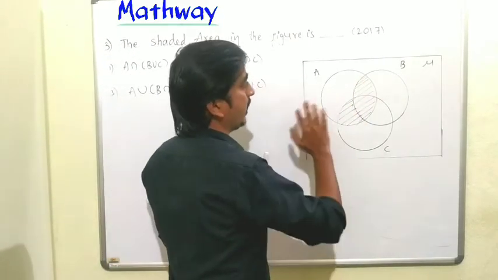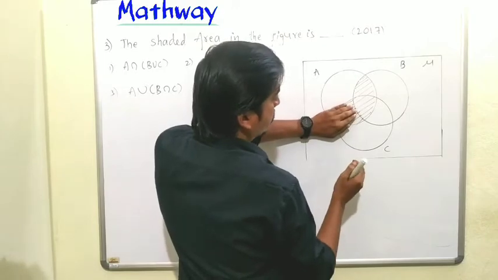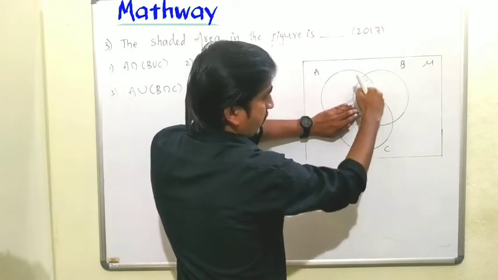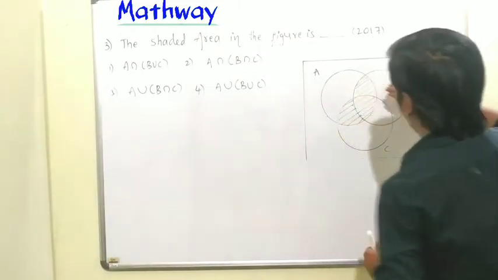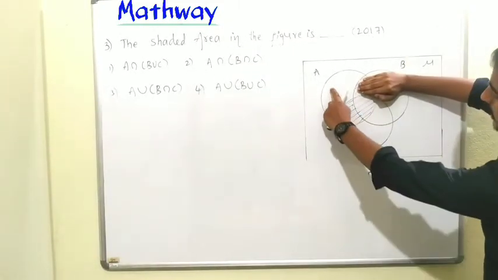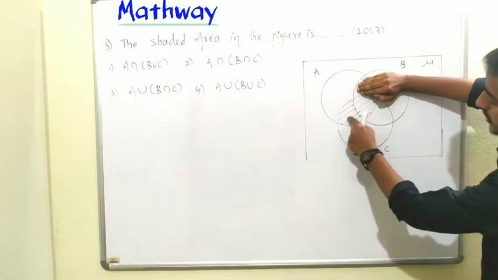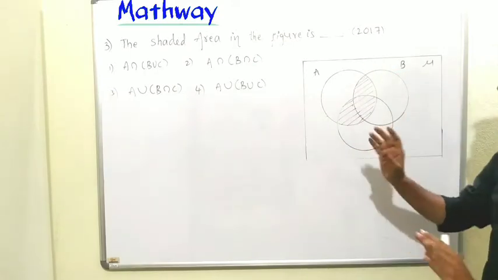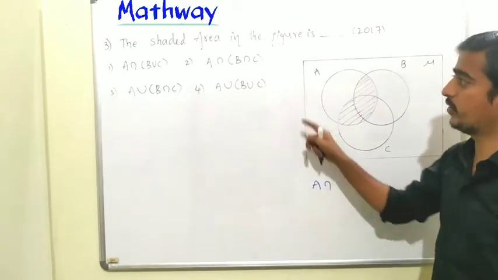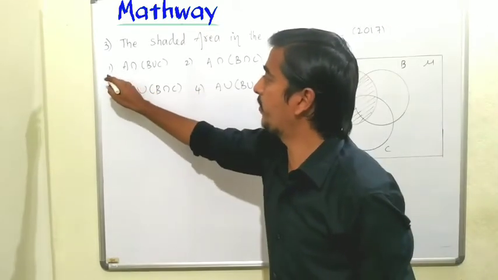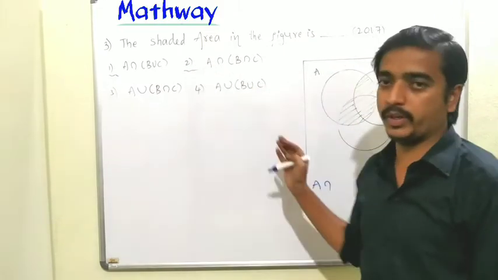If you forget about C, A and B are in intersection, right? If you forget about B, A and C are also in intersection, right? So the first point is A intersection, so the option may be 1 or 2.